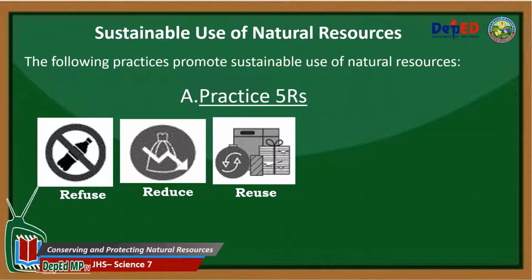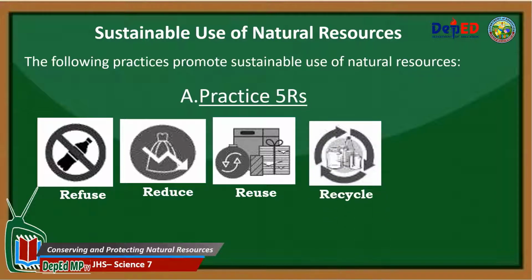Third, reuse. Practice using something again. You can remove gift wrappers carefully so that you can use it again. Don't throw your old books. They can be used by other people. Fourth, recycle. Turn materials into the same or different form that would otherwise be discarded as waste.